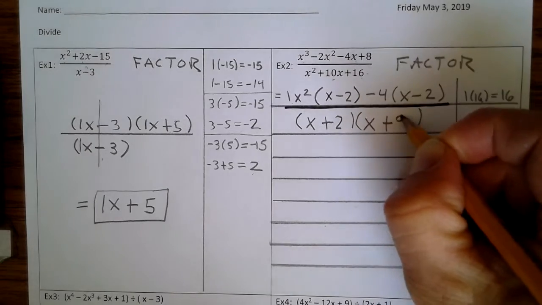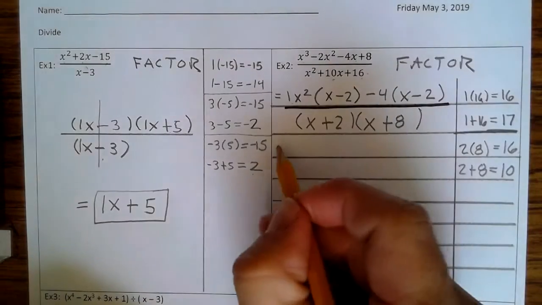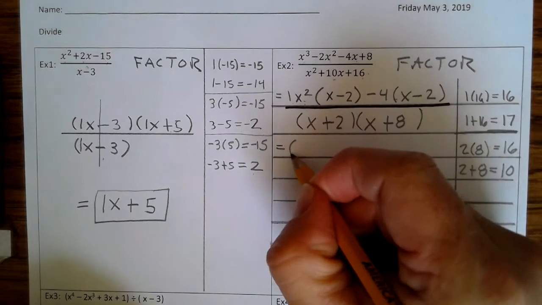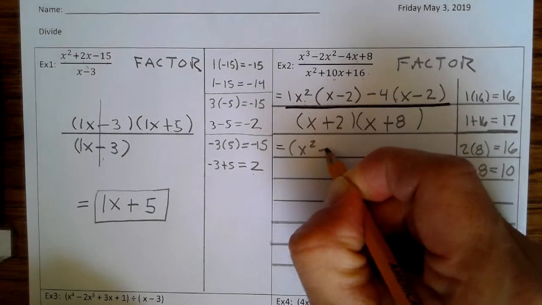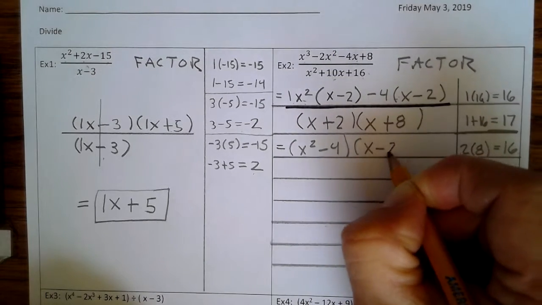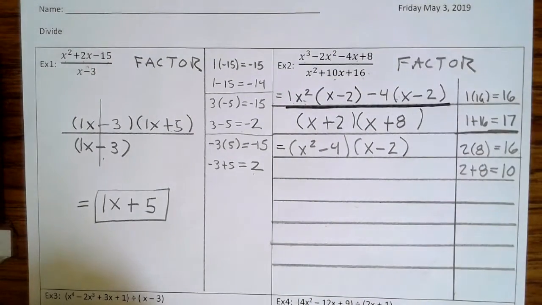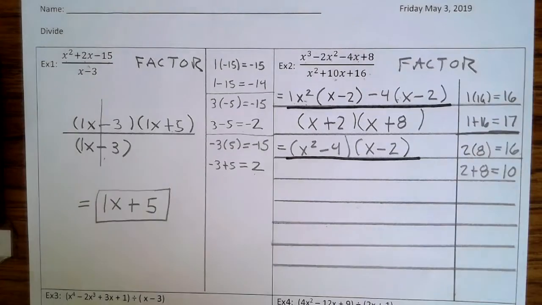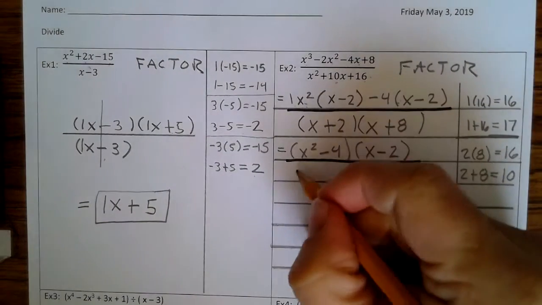Okay. Now we're going to continue working on the numerator. So that's x squared minus 4. We combine these times x minus 2. Now that's divided by x plus 2, x plus 8.